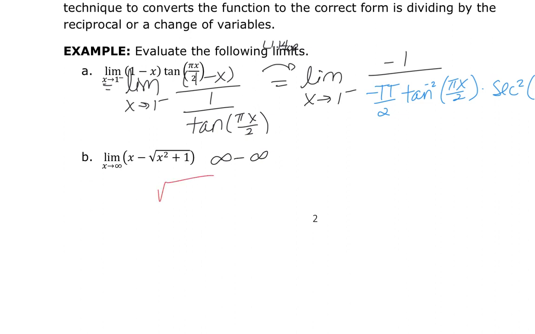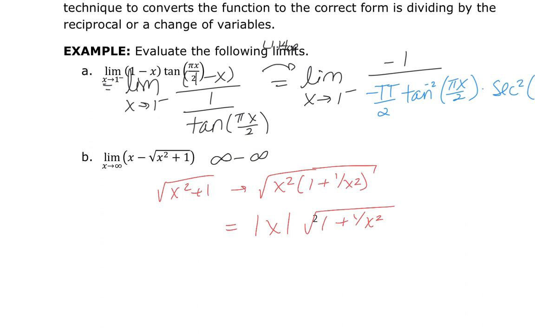We have the square root of x squared plus 1. I can factor out an x by writing this as the square root of x squared times 1 plus 1 over x squared. And so this will give me the absolute value of x, the square root of 1 plus 1 over x squared. Since we're going to positive infinity, we don't have to worry about the absolute value.